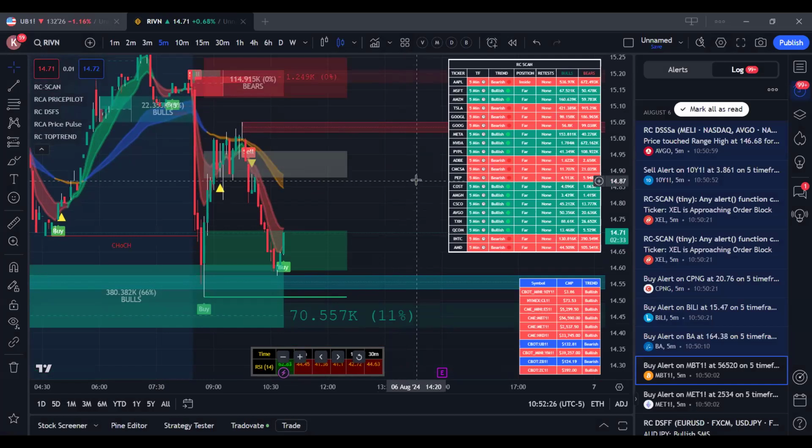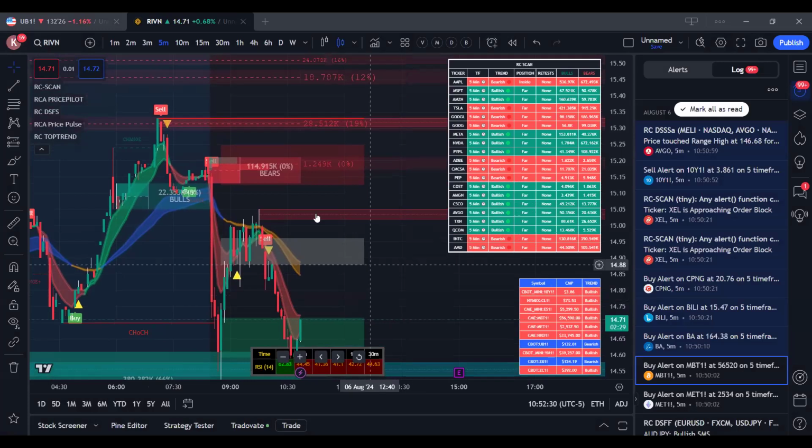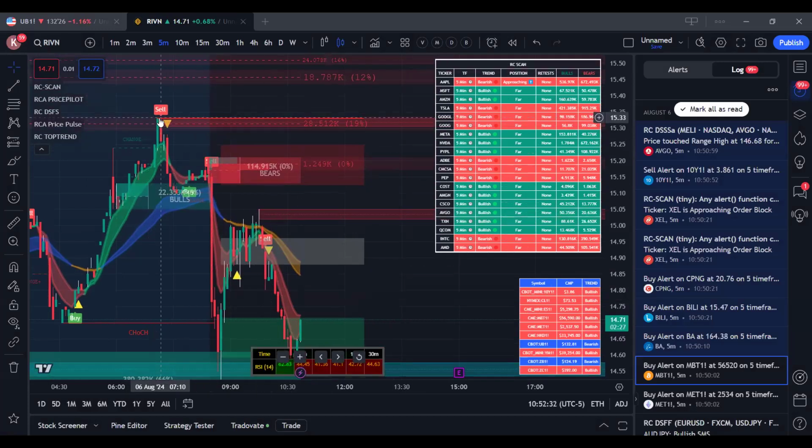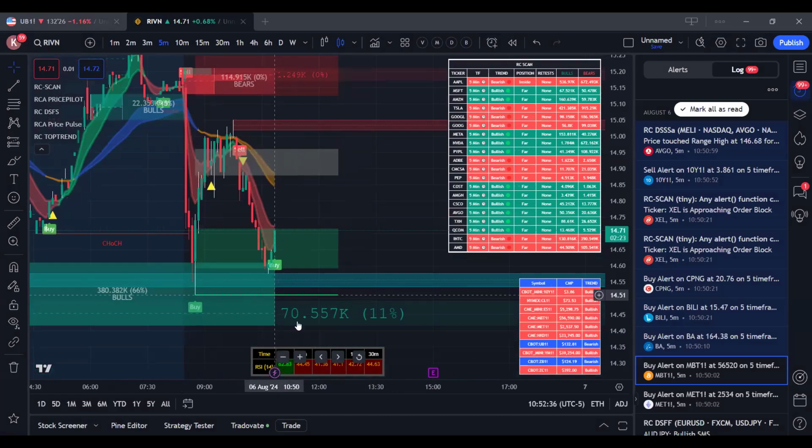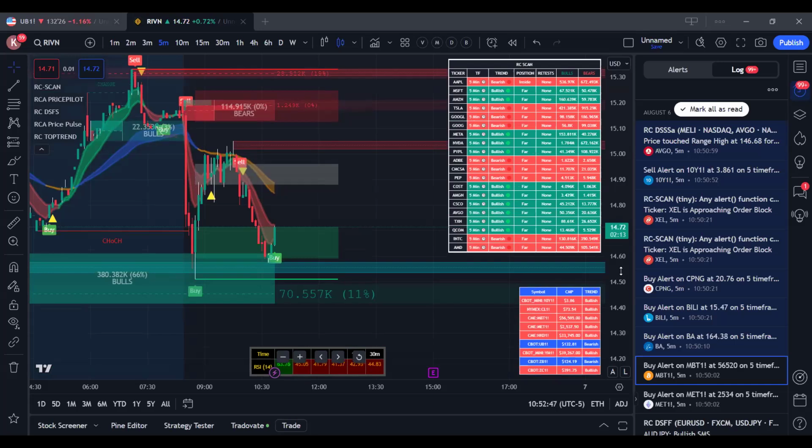Arabian seem like TLTR. It went nearly until 15.3 yesterday. There is a huge buy order block here. It came to the bottom, did a double test, double bottom. So we can go ahead and sell 15 put for RIVN.